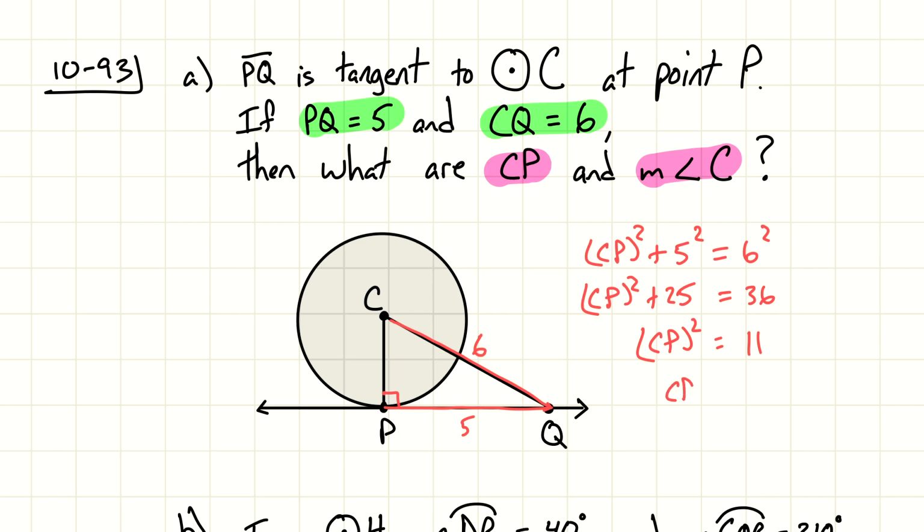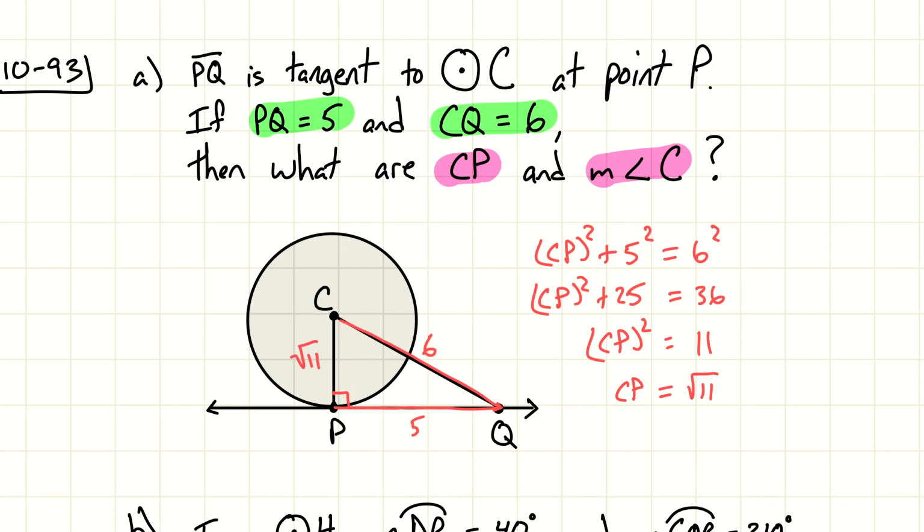And so CP must be equal to the square root of 11. All right, so that means now we know this is square root of 11. And the measurement of angle C, so C would be here.